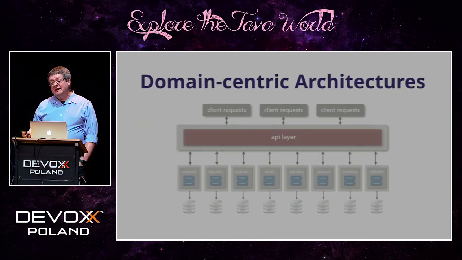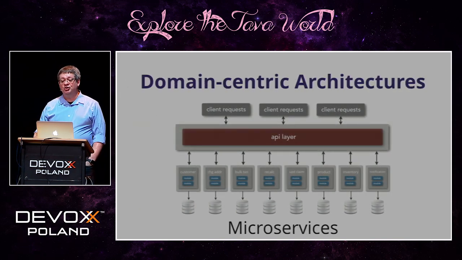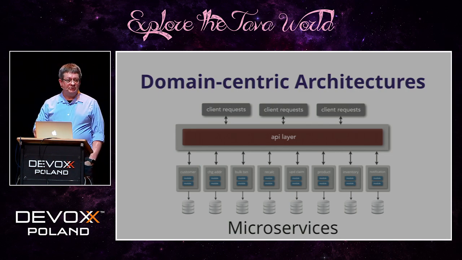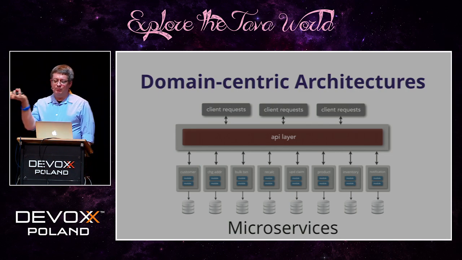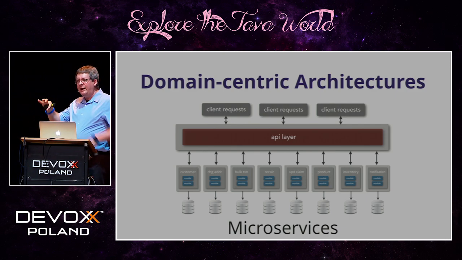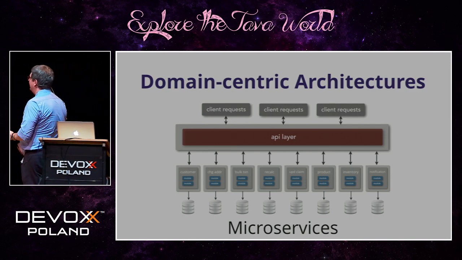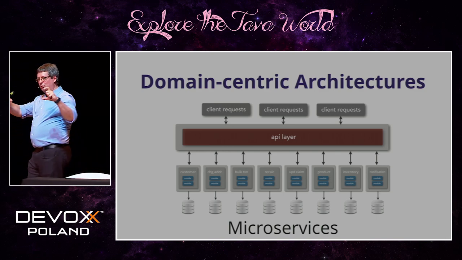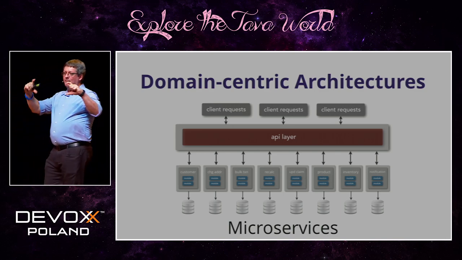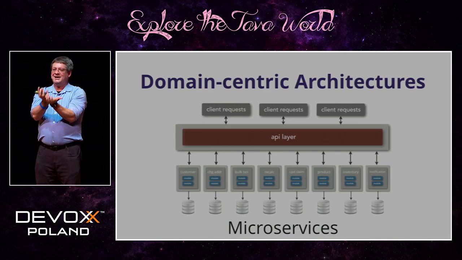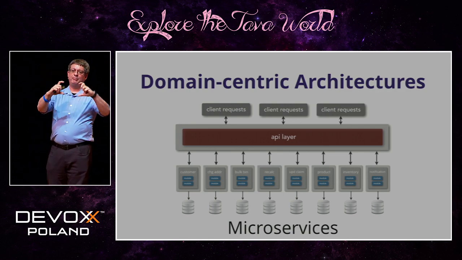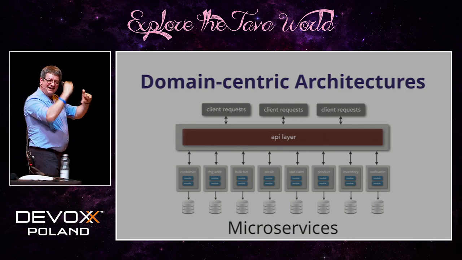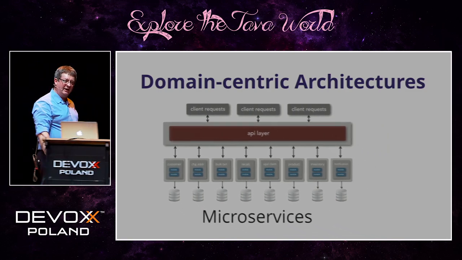And so what you're seeing now is a big push toward domain-centric architectures like microservices, where the domain is the primary thing and the layers are now inside the domain. So if you look at that picture I had before, the layered architecture with customer embedded inside it, what microservices has done is just turn that inside out, and now customer is the main thing, and the layers, if they exist, are inside each of those domain-specific classes.